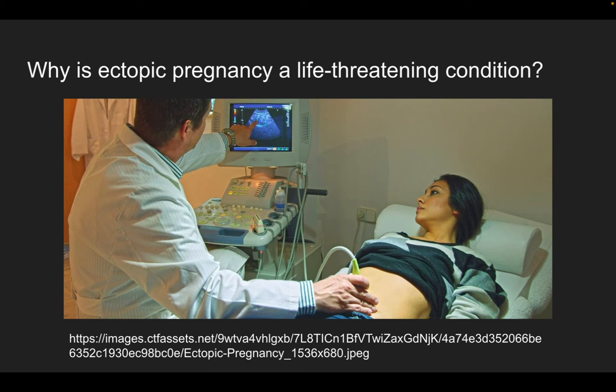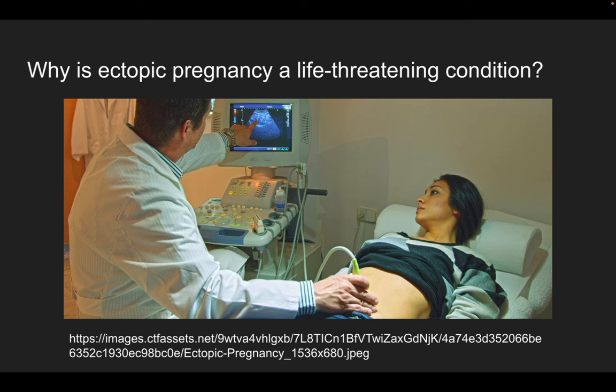Now we will answer the question of why ectopic pregnancy is a life-threatening condition. A pregnancy that occurs in the improper location outside of the uterus is life-threatening to the patient because the fallopian tube can rupture while the fertilized egg is growing in the place where it should not be, where there's not enough space for it to even grow.